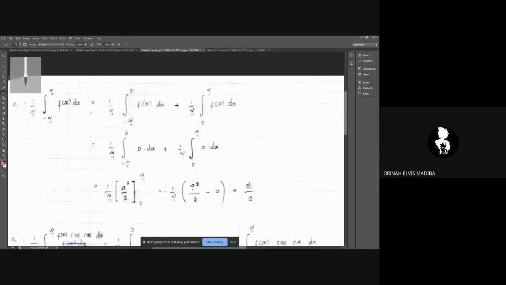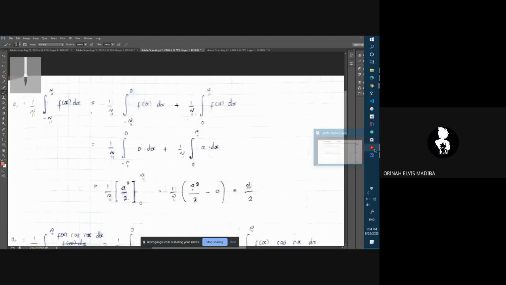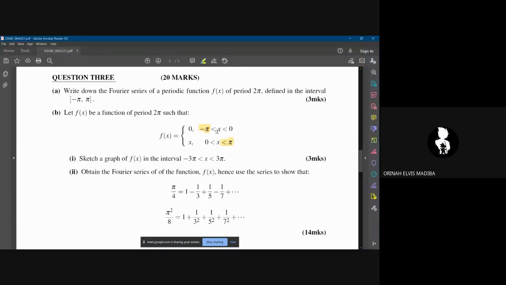So 1 over pi integral of f(x) dx. Since they say steps, the first part, from -pi to 0, and the second part, from 0 to pi, have different values for f(x).